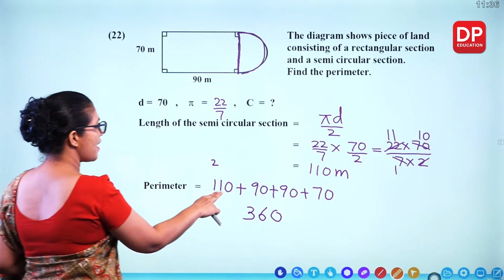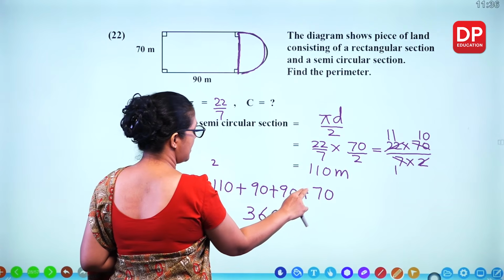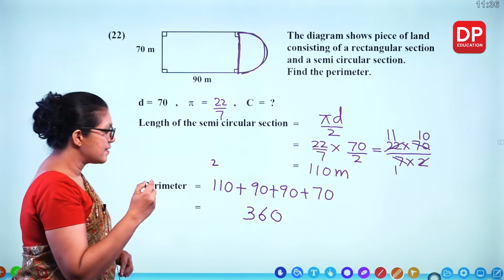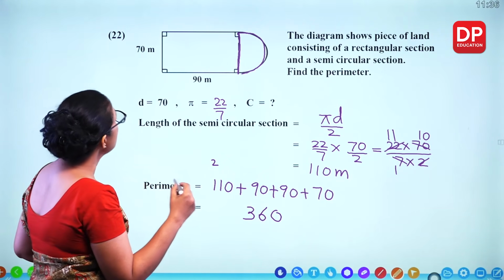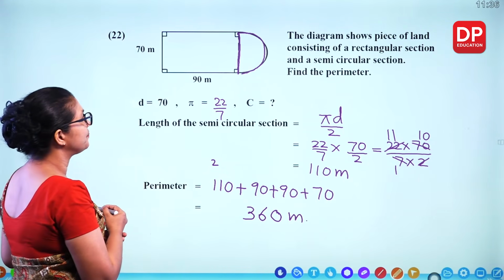Check it again. 110 plus 90, 200. 290. So 300 and 360. So what's the unit? This is 360 meters.